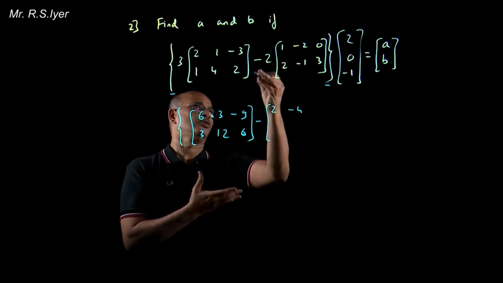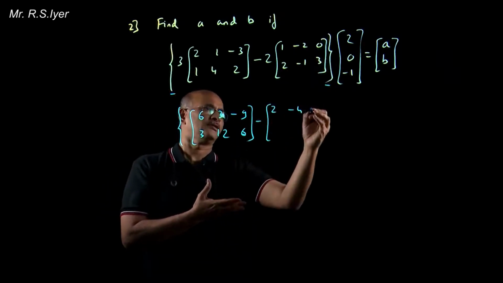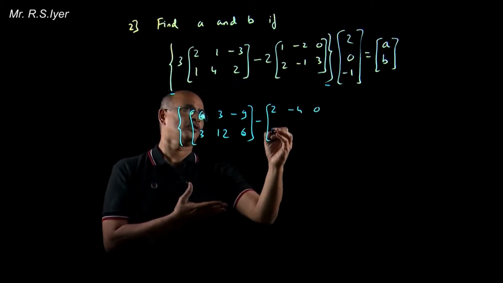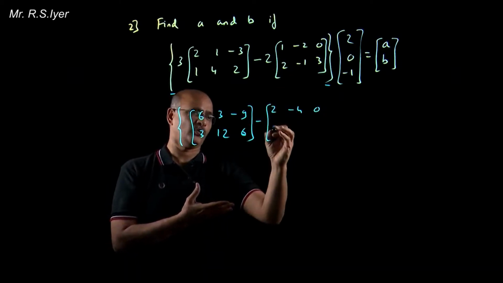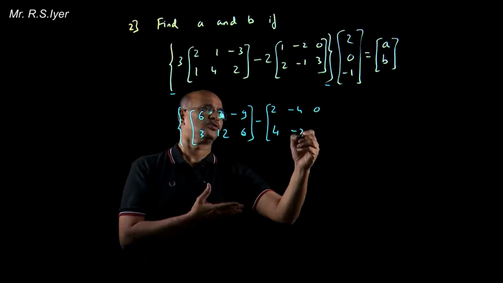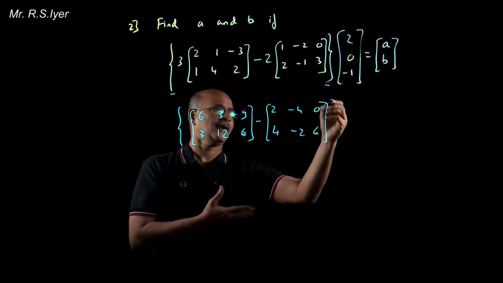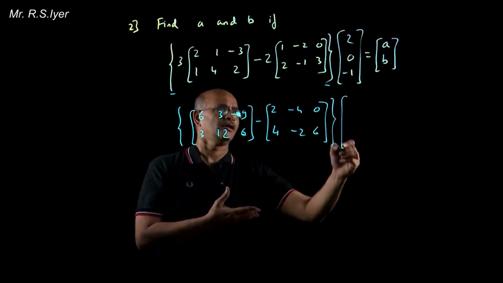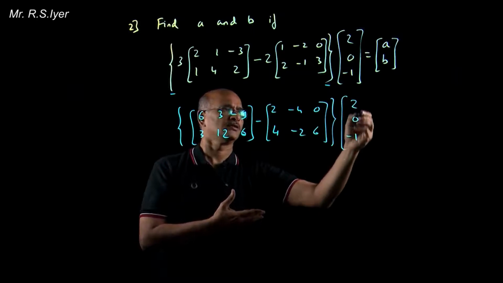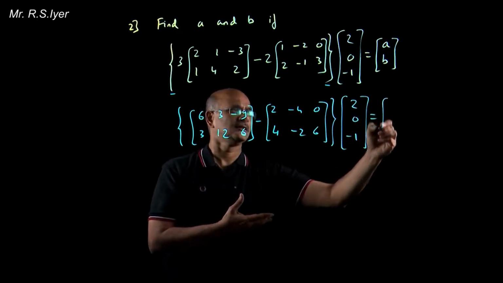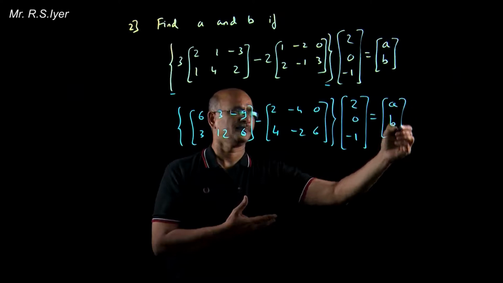So 2 minus 4, that is 0, then minus 4, sorry, 2 2s are 4, then minus 2, 6. End it up, and then finally 2 0 minus 1 is given as A into B format.